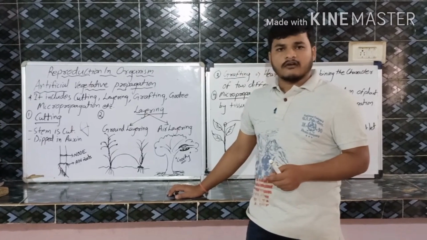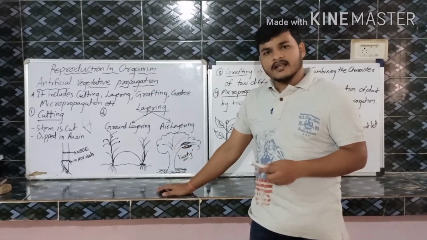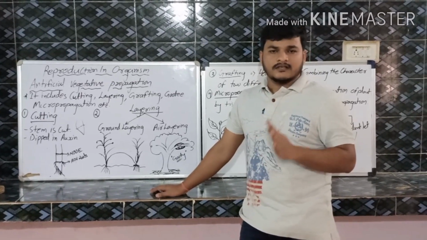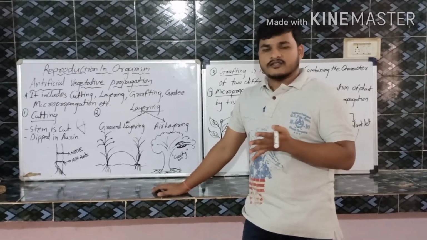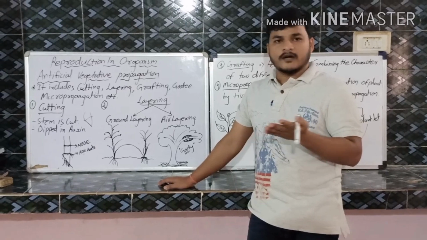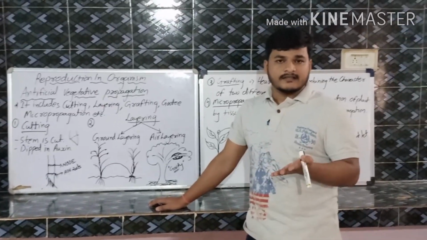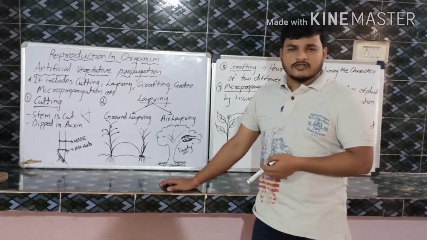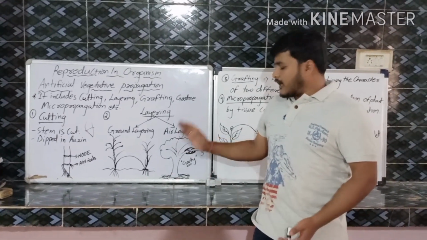Next, we study air layering. Air layering takes place mainly in rigid plants such as mango, and some fruit plants like guava, orange, and lemon, such as citrus plants, are also examples of air layering.